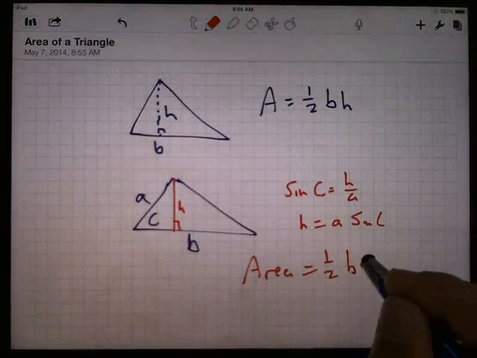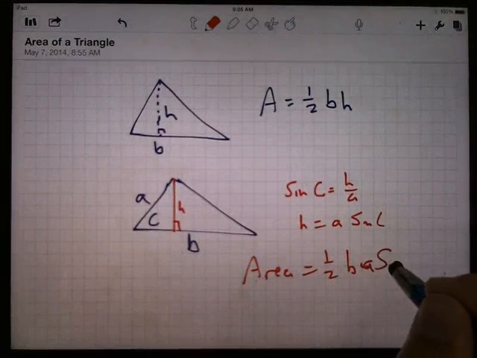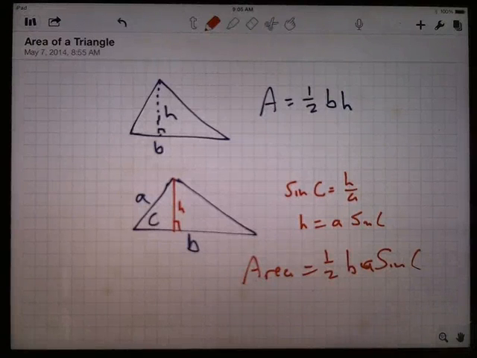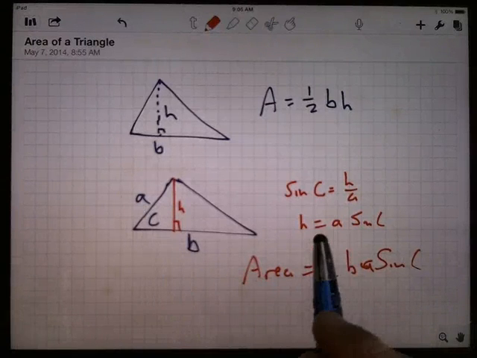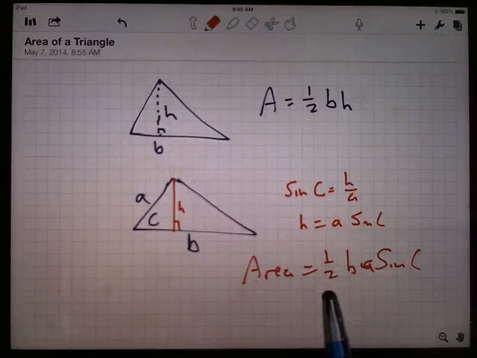So 1/2 b times a sine C, right? The h was just sort of a temporary thing that gets us here.